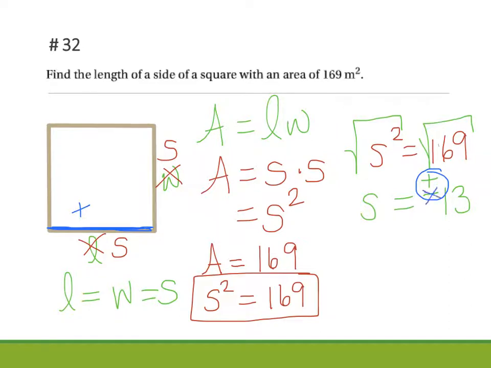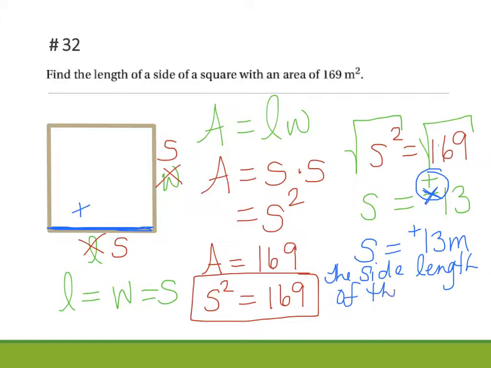So I'm not going to use the negative. I'm going to eliminate that answer, and I'm going to say that the side length is equal to positive 13. The dimensions are in meters, so it's 13 meters. And then I'm going to answer the question with a complete statement. The side length of the square is 13 meters.